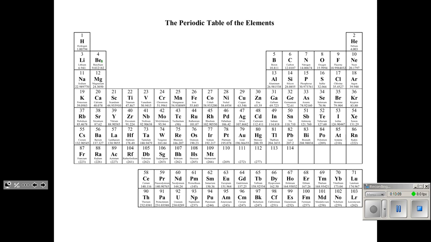We're going to talk about, what was the next one on your list? Ionization energy. Ionization energy is the energy needed to remove an electron. So let's think about this in terms of the size of the atom, the effective nuclear charge, which nucleus has a stronger attraction to the electrons, as well as any shielding effect that might occur.